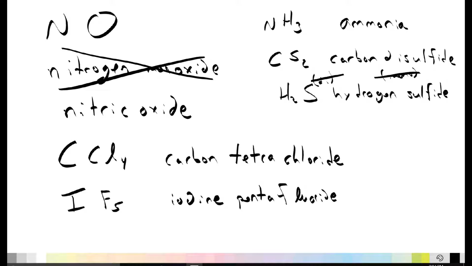I'm not really intending to throw in these exceptions necessarily, but they're useful. Hydrogen sulfide. This is the rotten egg smell that they talk about. It's only slightly toxic.